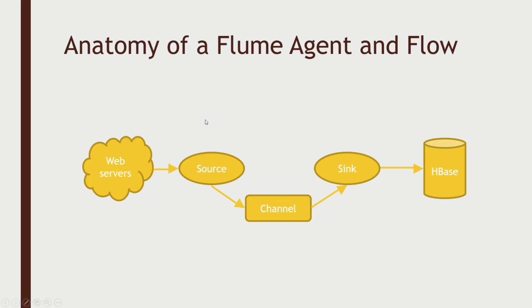So for example, we might have a Flume source as part of a Flume agent that listens for web server logs being dropped in the log directories on a bunch of web servers, that then can go through a memory channel or a file channel to transfer that information to a sink that might be configured to actually write that data into, in this example, HBase, or it might be HDFS or something else entirely.